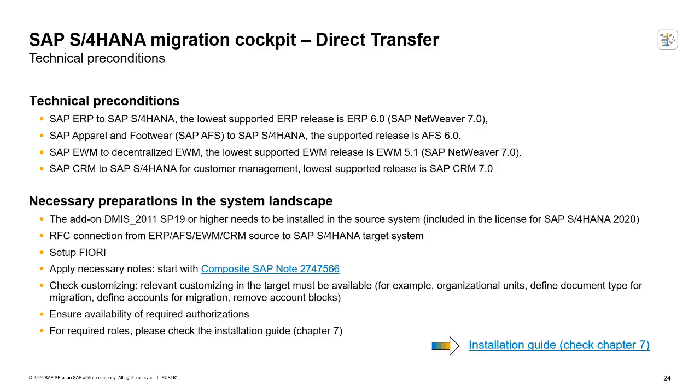You need to apply necessary notes, and a good starting point is the composite SAP note mentioned on the slide. You should check your customizing in the target system, and you should ensure availability of required authorizations and roles. You can do it by looking through the installation guide, especially chapter 7.